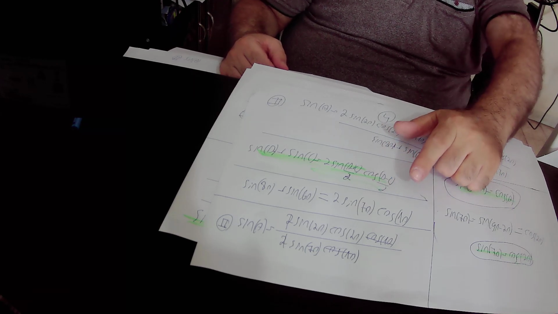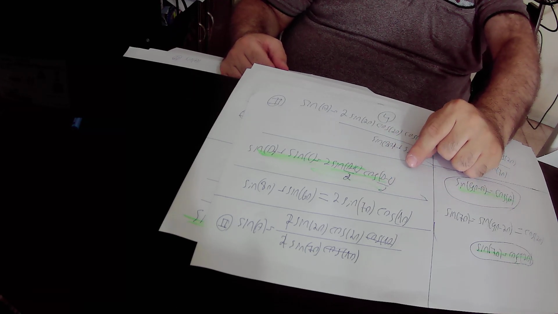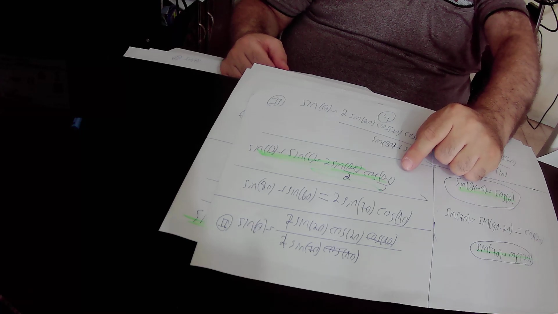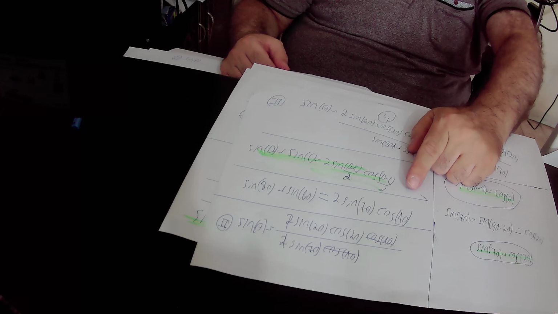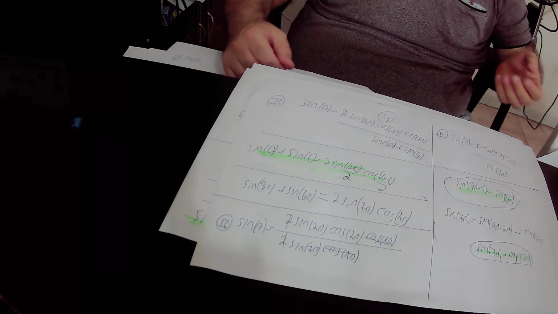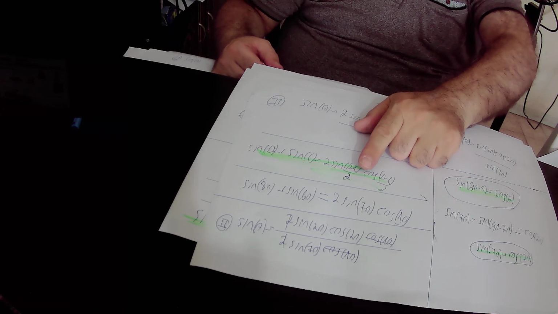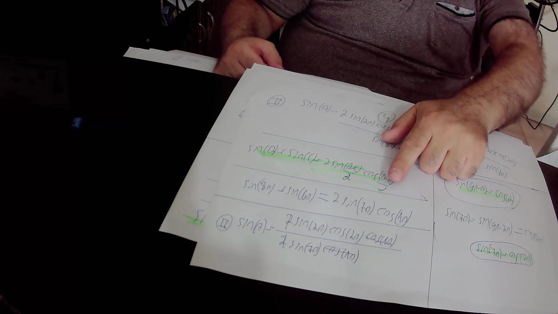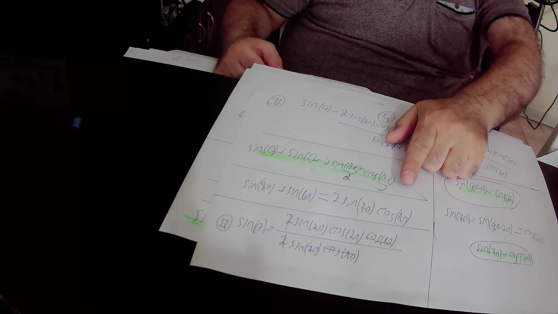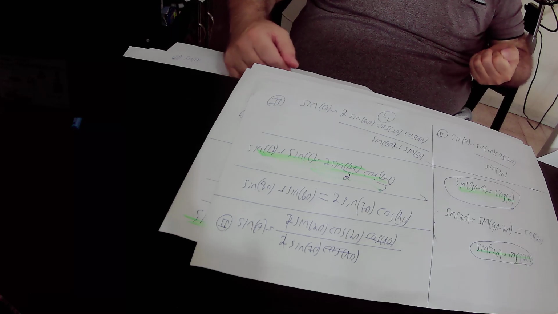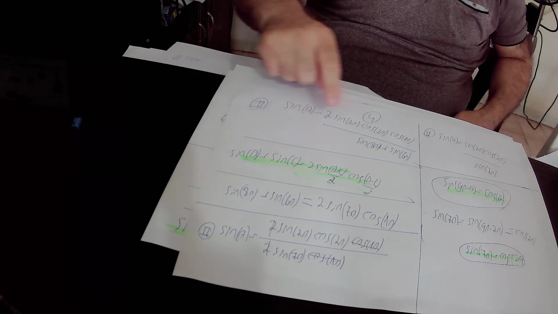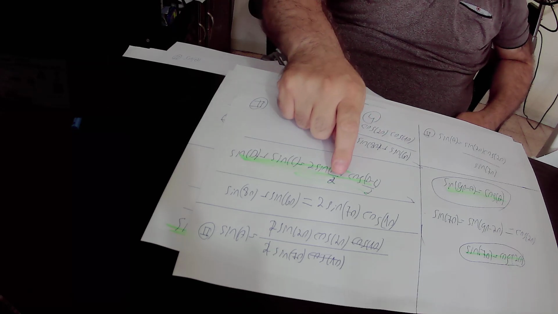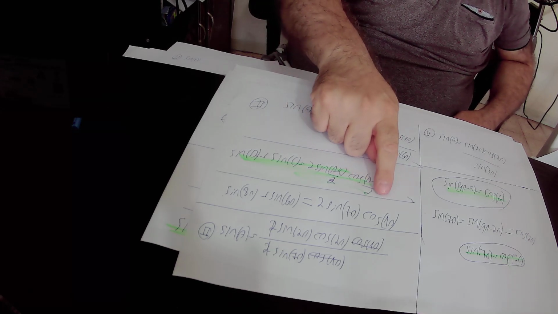So it is sin 70 degrees times cos of (d minus c): 80 minus 60 is 20, and 20 over 2 is 10. So in conclusion, sin 80 degrees plus sin 60 degrees equals 2 times sin 70 degrees times cos 10 degrees. Therefore, we can substitute sin 80 degrees plus sin 60 degrees in equation number 2 by 2 times sin 70 degrees times cos 10 degrees.